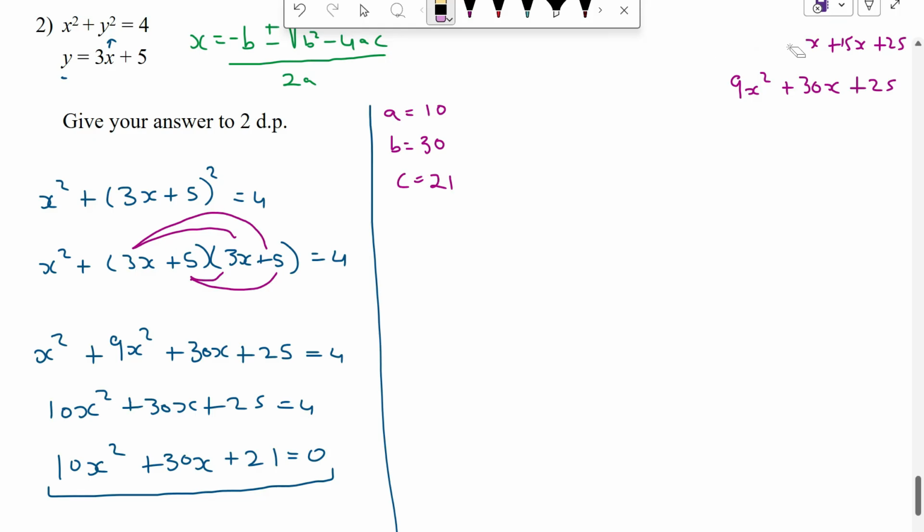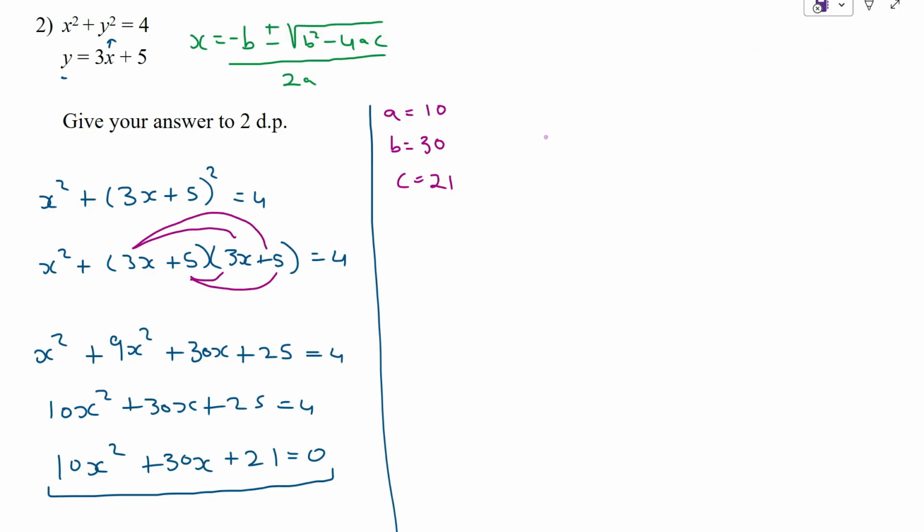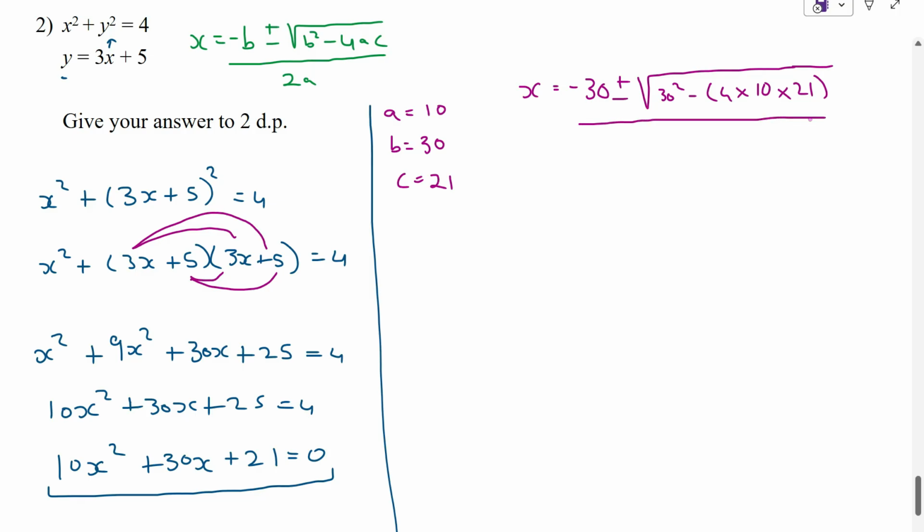Just going to rub this out for now. So x equals minus b plus or minus the square root of b squared minus 4 times a times c, all over 2a, which is 20.